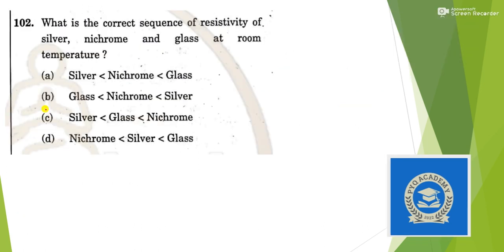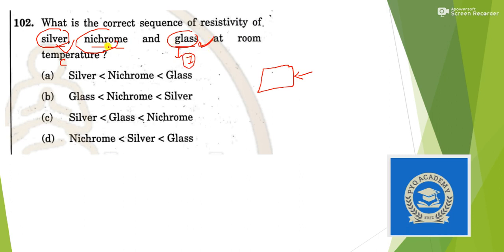Then what is the correct sequence of resistivity of silver, nichrome and glass? Resistivity means how much a particular material resists the flow of current. There are two metals and one non-metal, so these two can act as conductors and this is an insulator. That means it will have the highest resistivity.